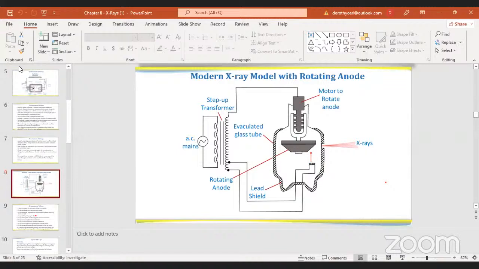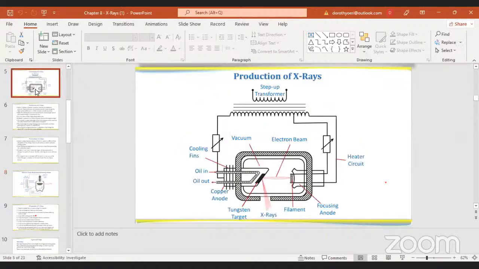Let me go back to the original tube, that is the old type of model. In that tube, you can see we have a vacuum. It is labeled there, vacuum. Why is the tube a vacuum? Remember, during the production of the electrons, they are supposed to travel from the cathode to the anode. If they collide with any other material in between, two things might happen.